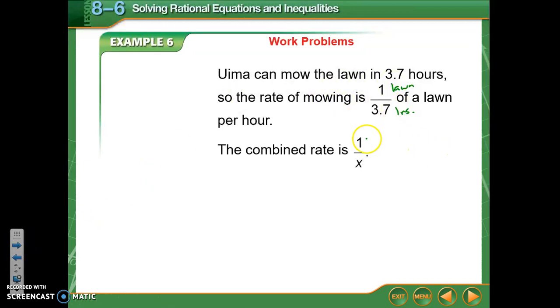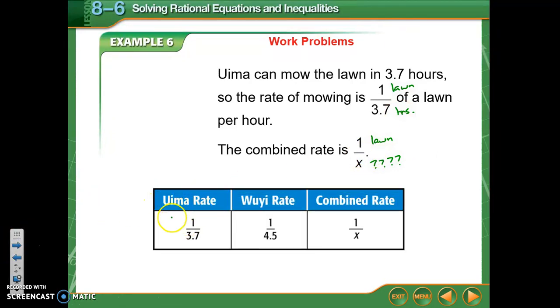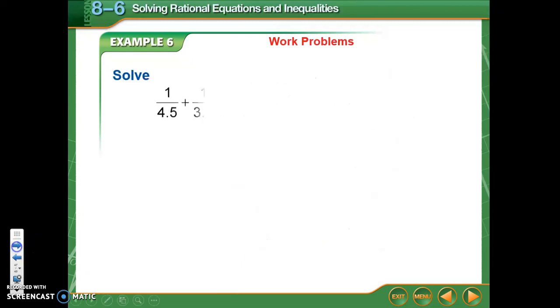The combined rate would be 1 lawn, and we don't know how long it's going to take them together, right? So we're letting X be the amount of hours it will take them to mow the lawn together. So this is Uima's rate, Wui's rate, and that's the combined rate. So these two rates added together have to give us our combined rate. So I set that up, and I just solve.